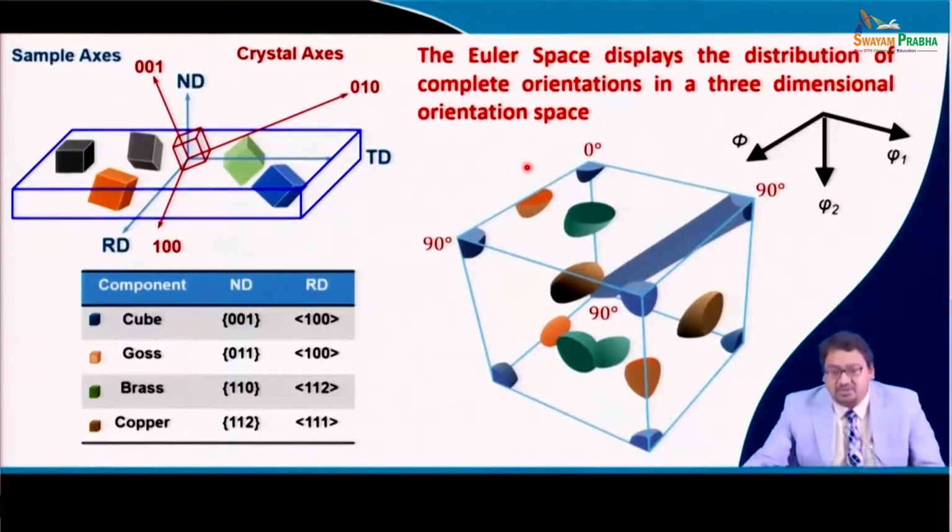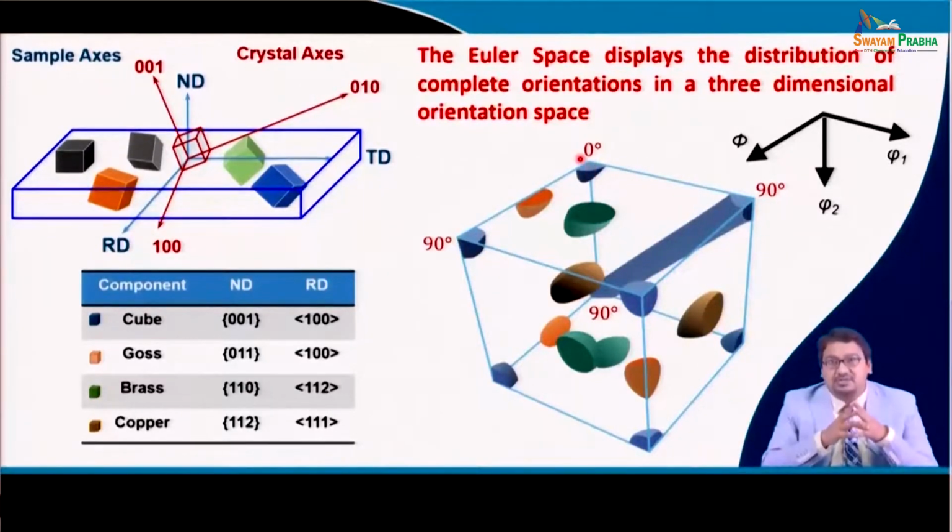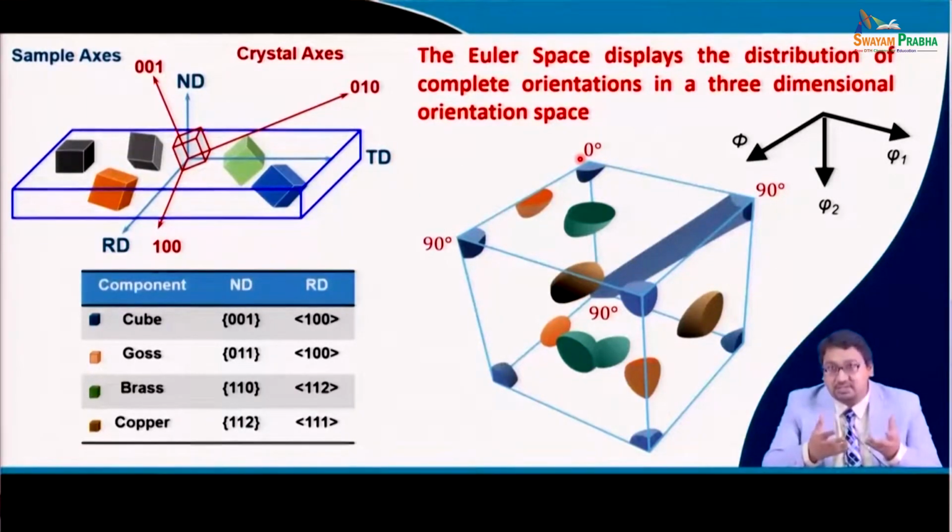So, you see what we have done is that using the symmetry of the cubic crystal, that is 100 has a 4-fold symmetry. So, after each 90-degree rotation, it should show the same crystal as before the rotation.